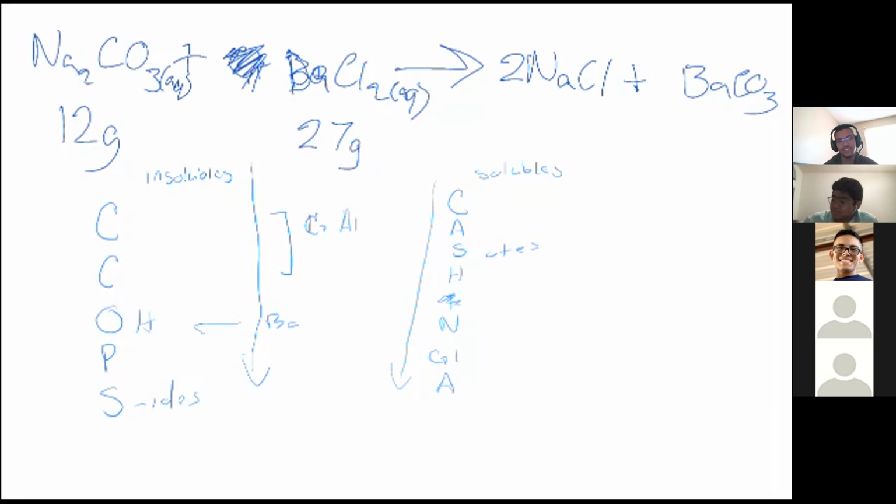So for solubles, the exception here is sulfates. The way I remember is Mr. Cow is happy. So Senor Vaca is happy. And then halides are also happy, right? So H and H, halides are happy. That's how I remember it.